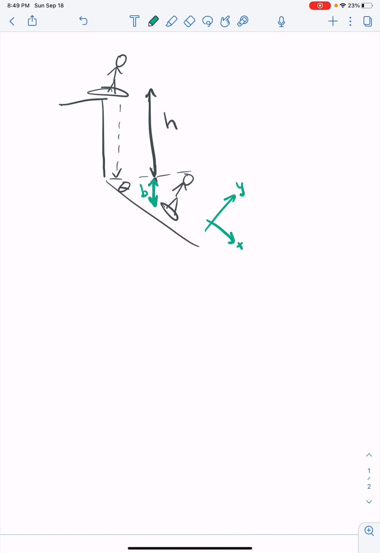Over that distance b, their acceleration stops them from any longer having a normal velocity. After this impact, they're only moving down the slope along this x direction parallel to the slope.